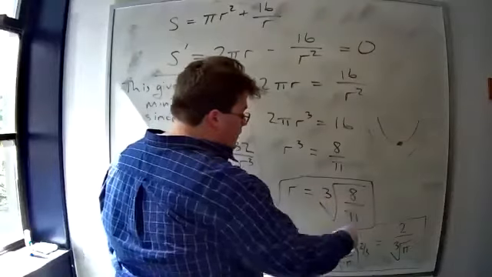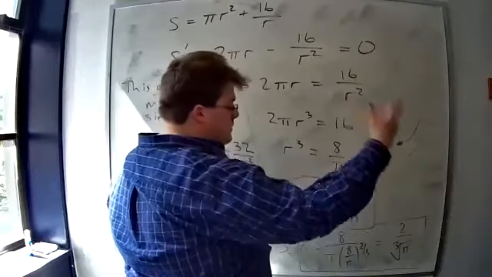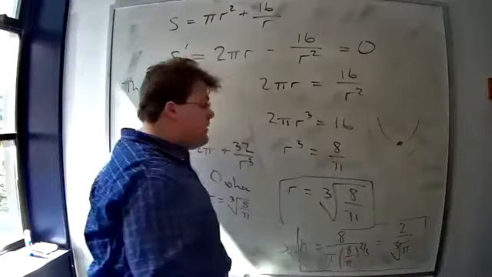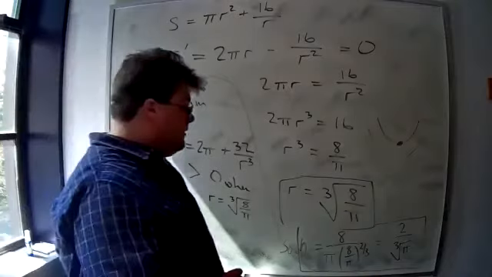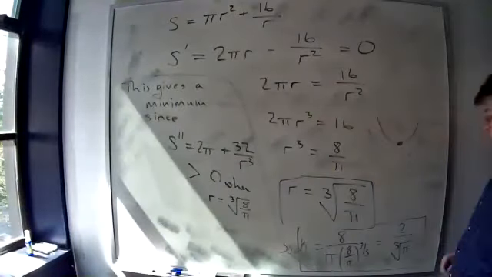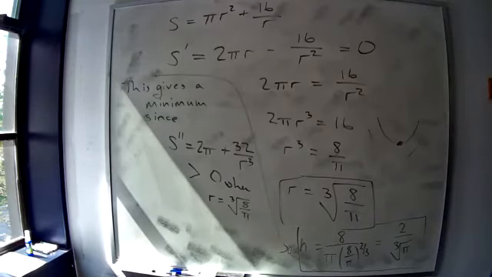So here we had 8 over pi all to the 1/3. Something to the 1/3 squared gives us something to the 2/3. Any other questions about this one before the glare takes over the board?